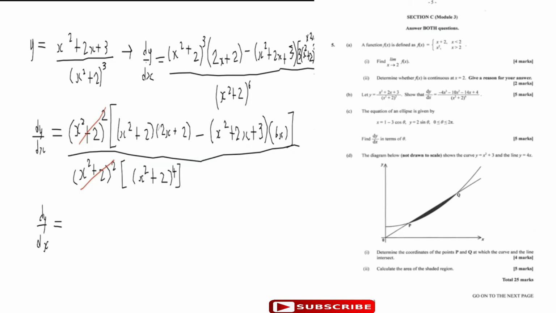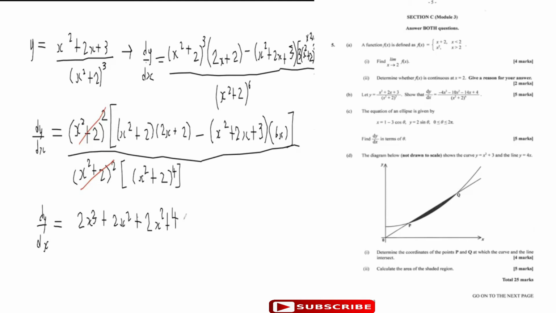Expanding out this numerator, we're going to get x squared times 2x, which is 2x cubed. X squared times 2 is plus 2x squared. Then plus 2x squared, plus 4.